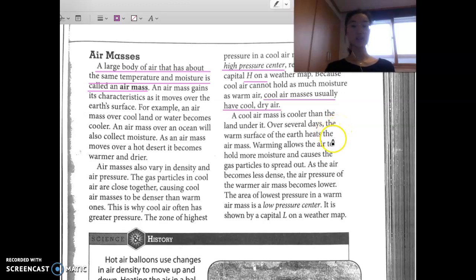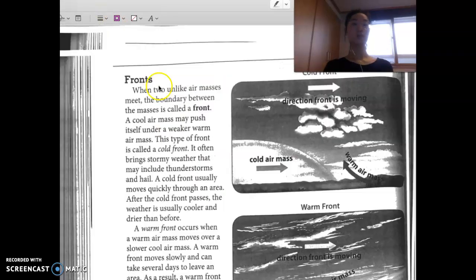Over several days, the warm surface of the Earth heats the air mass, and warming allows the air to hold more moisture and causes the gas particles to spread out. As the air becomes less dense, the air pressure of the warmer air mass becomes lower. The area of lowest pressure in a warm air mass is a low pressure center, shown by a capital L on a weather map.